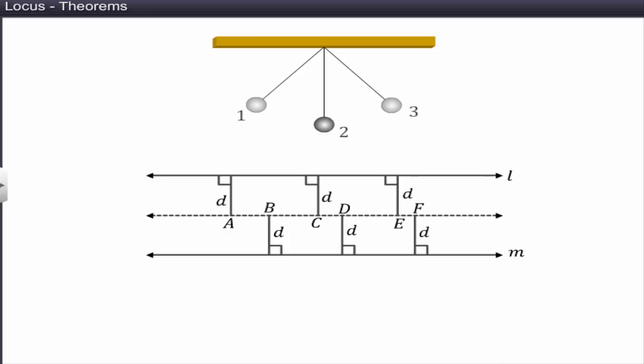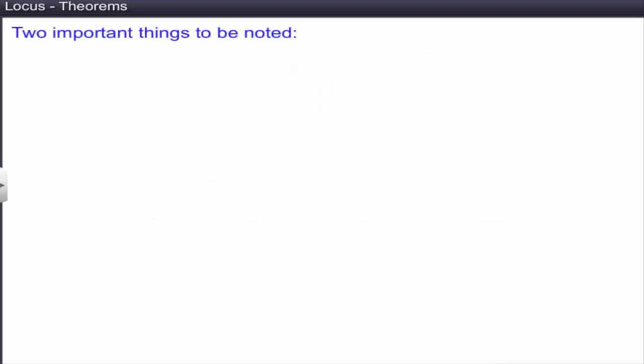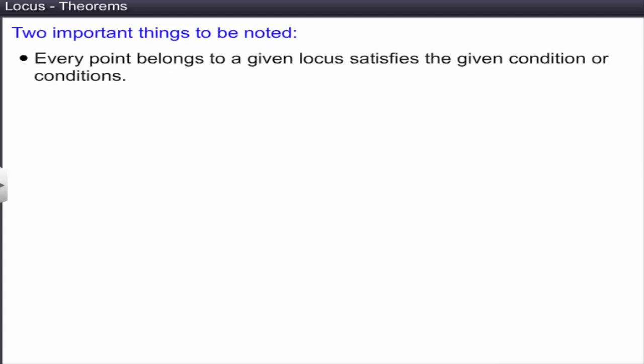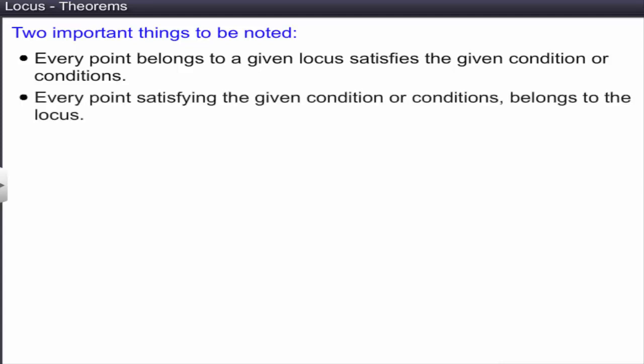There are two important things to be noted here. Firstly, every point that belongs to a given locus satisfies the given condition or conditions. Conversely, every point satisfying the given condition or conditions belongs to the locus.